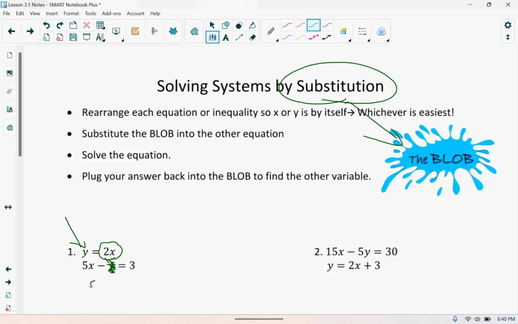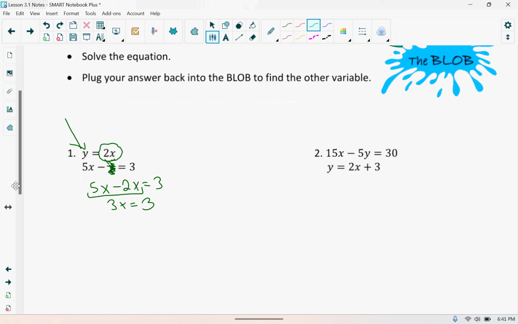So I'm going to rewrite this equation as 5x minus 2x is equal to 3. And then I'll solve for x. So let's see, 5x minus 2x, that's 3x equals 3. And I'm going to divide by 3. So I get x equals 1. So remember, let's go back here.